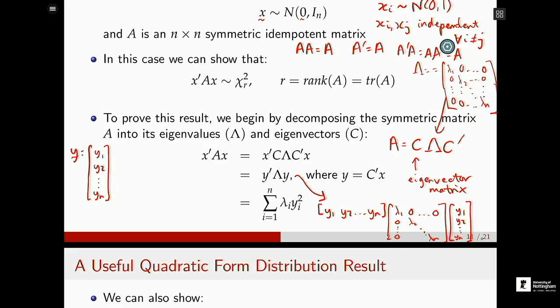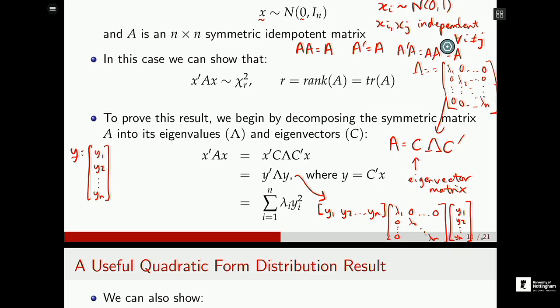Now if you multiply that out, what you get is the sum of each lambda i term multiplied by the square of the corresponding element from Y. So it would be lambda 1 Y1 squared plus lambda 2 Y2 squared, and so on. If you want to check that afterwards, just multiply that by that.